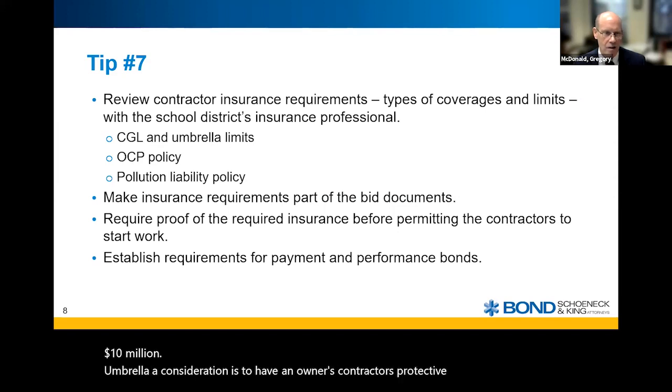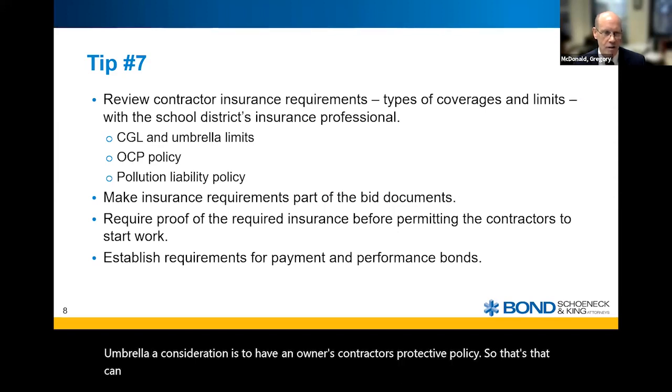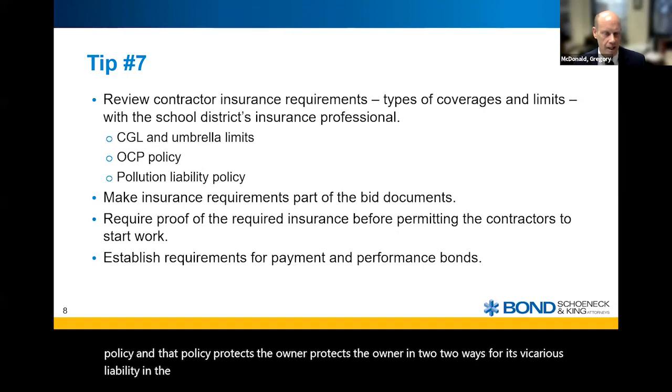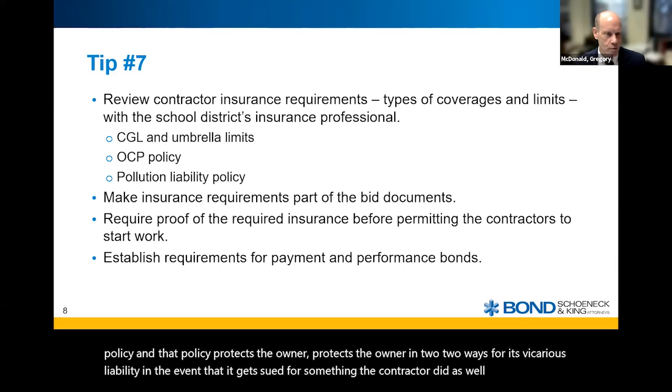So that can be inserted in the insurance requirements, where the contractor has to purchase that policy, and that policy protects the owner. It protects the owner in two ways: for its vicarious liability in the event that it gets sued for something the contractor did, as well as its own failure to supervise the contractor.